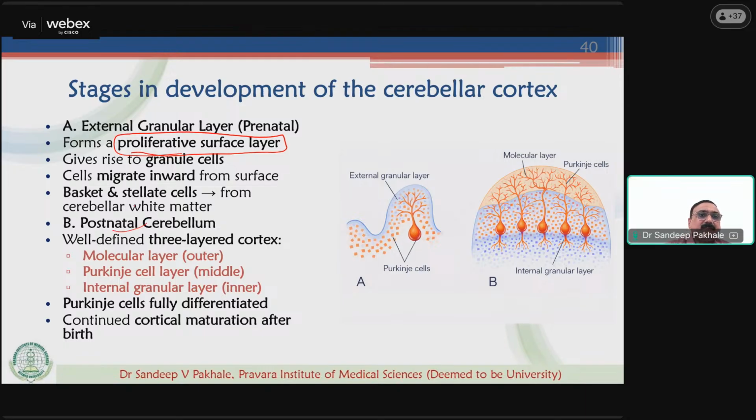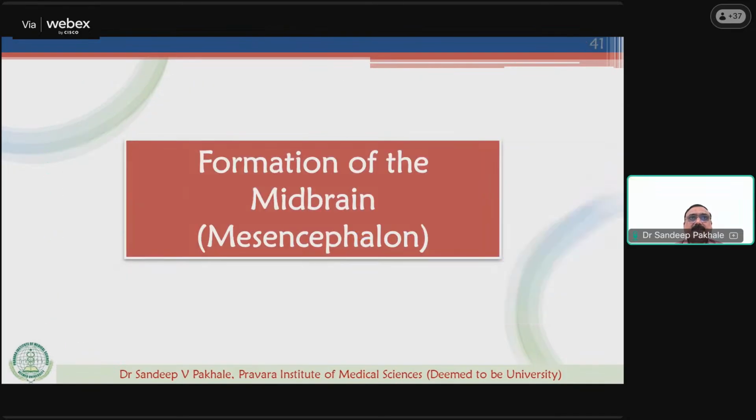Postnatally, that is after birth, a well-defined three-layer structure is formed with the outer molecular layer, middle Purkinje cell layer, and inner internal granular layer. So the cerebellum transitions from surface proliferation to inward migration, ultimately forming a mature layered cortex after birth.